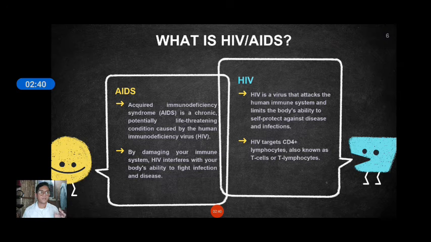So let's proceed with what is HIV. So HIV is a virus that attacks the human immune system and limits the body's ability to self-protect against disease and infections. So the formerly healthy immune system of an individual infected with HIV can no longer protect itself from infections or the progression of the virus. The HIV targets CD4 plus lymphocytes, also known as the T cells or T lymphocytes.